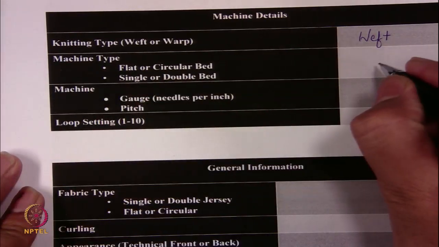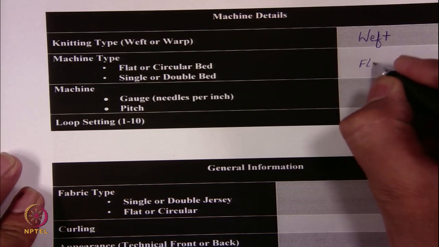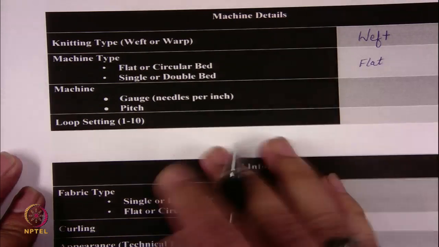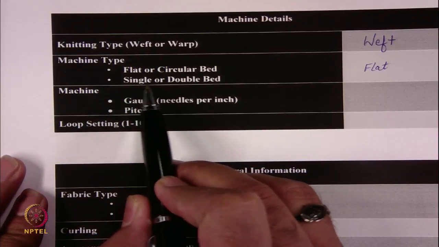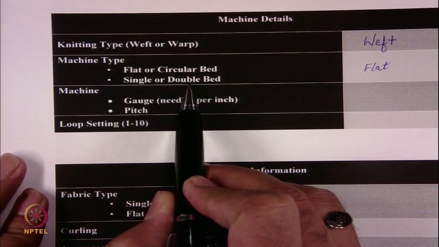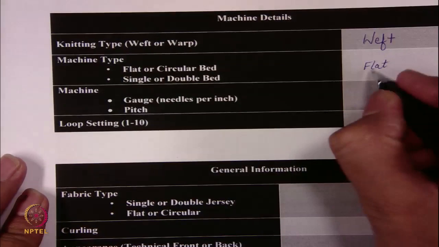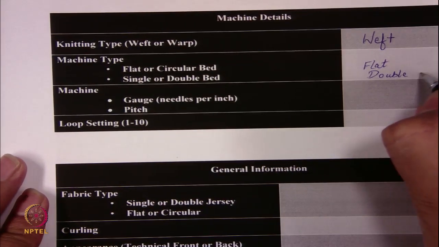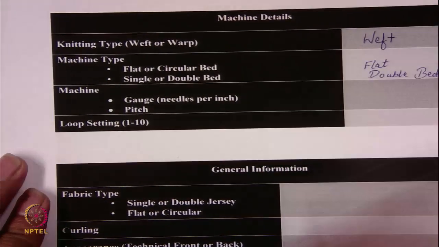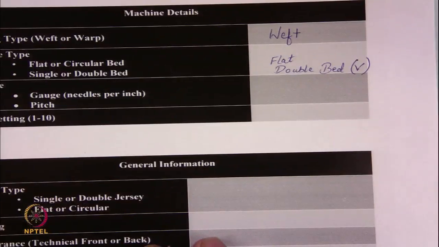This is a flat bed knitting machine. Okay. And the next thing about machine type is whether it is a single or double bed category. This is a V bed machine, which has a double bed. So, this is made on a double bed machine and the machine was V bed type.